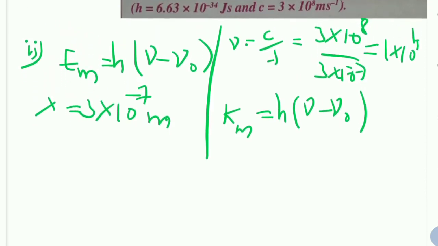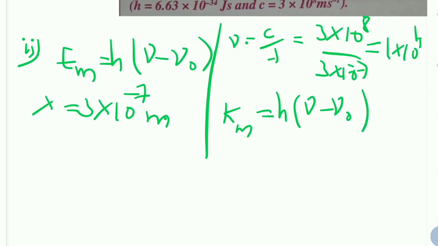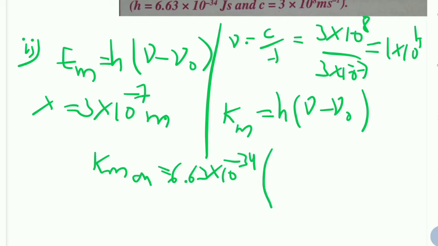Applying the values, K maximum is equal to 6.63 into 10 to the power of minus 34, the h value, times the new value 0.72 into 10 to the power of 15.